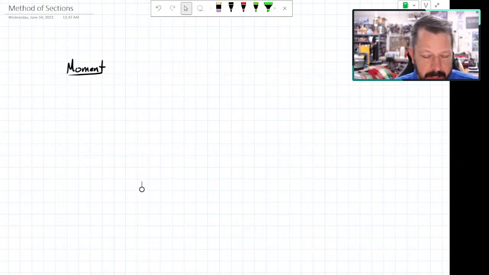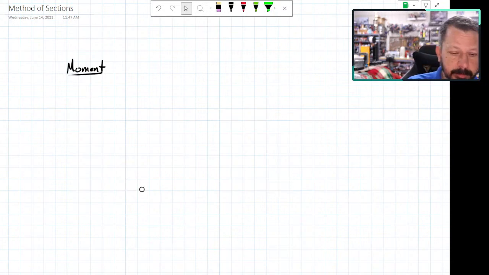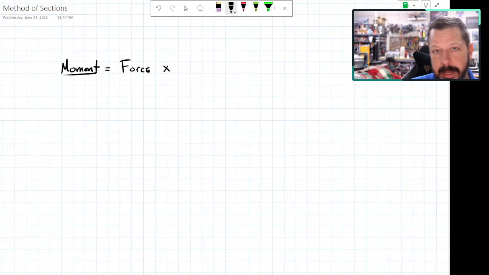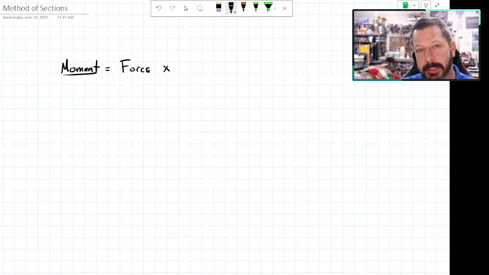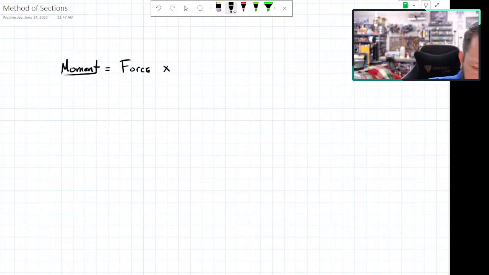The first thing is that a moment equals a force, some kind of force vector, multiplied by a distance. I'm going to be particular about the distance: it's going to be a perpendicular distance.